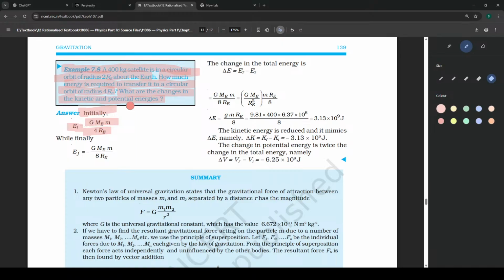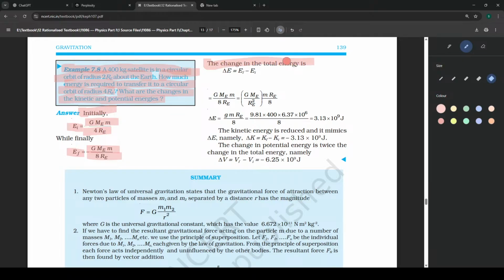Potential energy is minus GMEm by 2 RE. Because of that, it will become minus GMEm by 4 RE. That is the total energy. And finally, when the radius is doubled, we just double it here. E final is equal to minus GMEm by 8 RE.